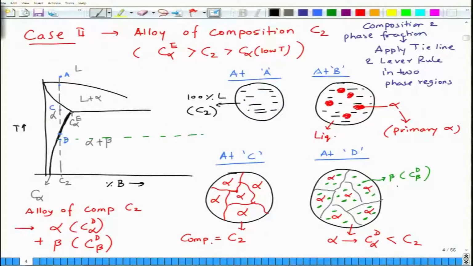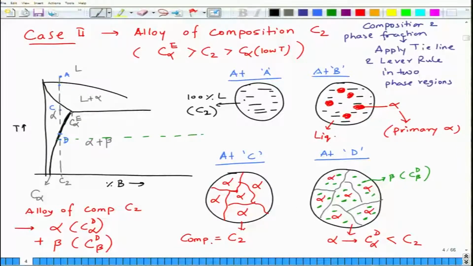However, you will have these precipitates of beta formed in the matrix of alpha. So, alpha is the major phase because the composition is hypoeutectic. So, alpha is the major phase with tiny precipitates of beta present within the grains of alpha.